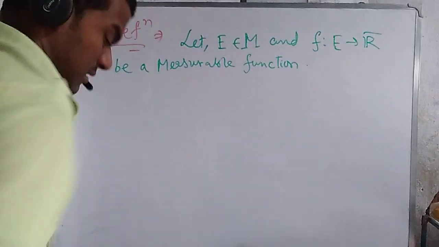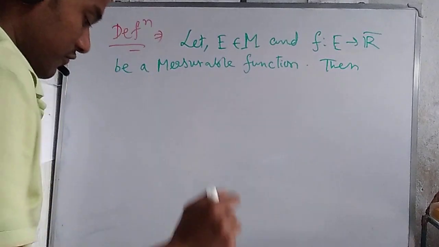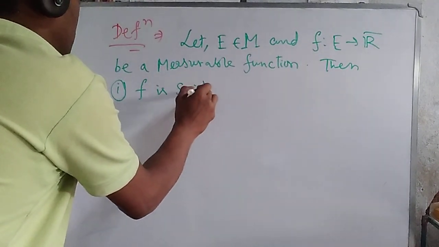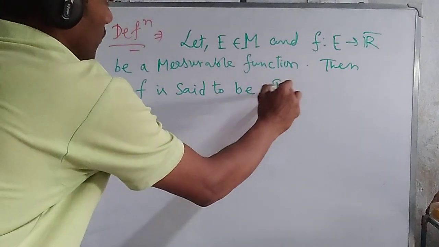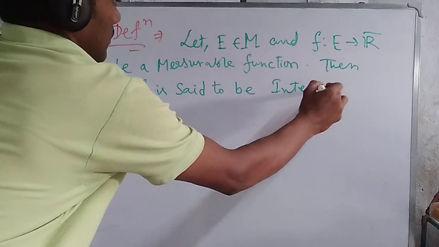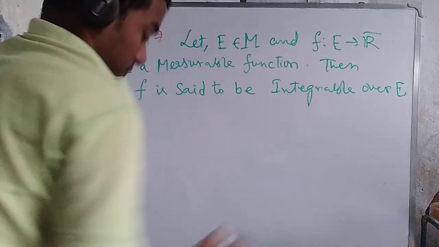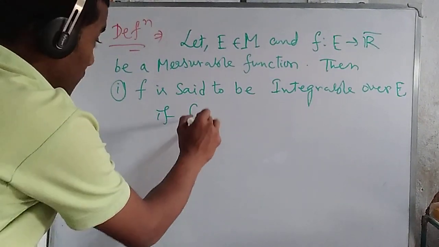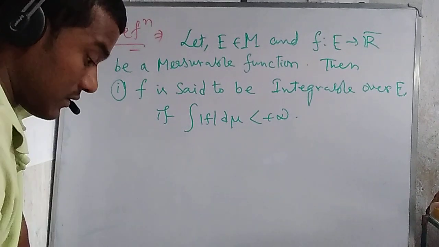Then f is said to be integrable over E if integration of mod f d mu over E is less than plus infinity.